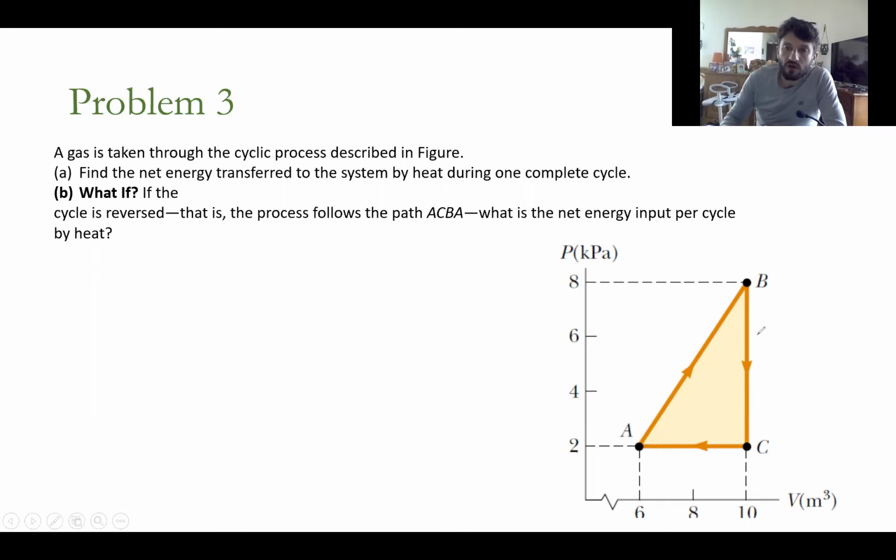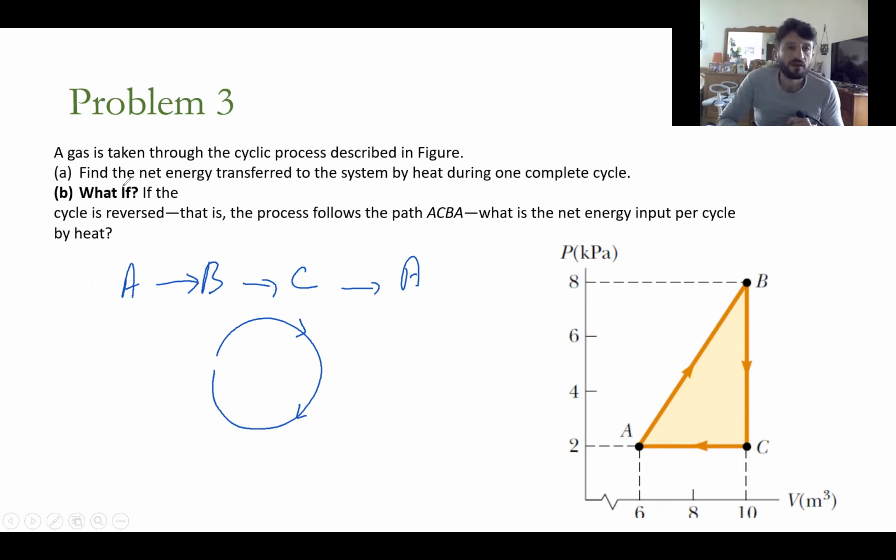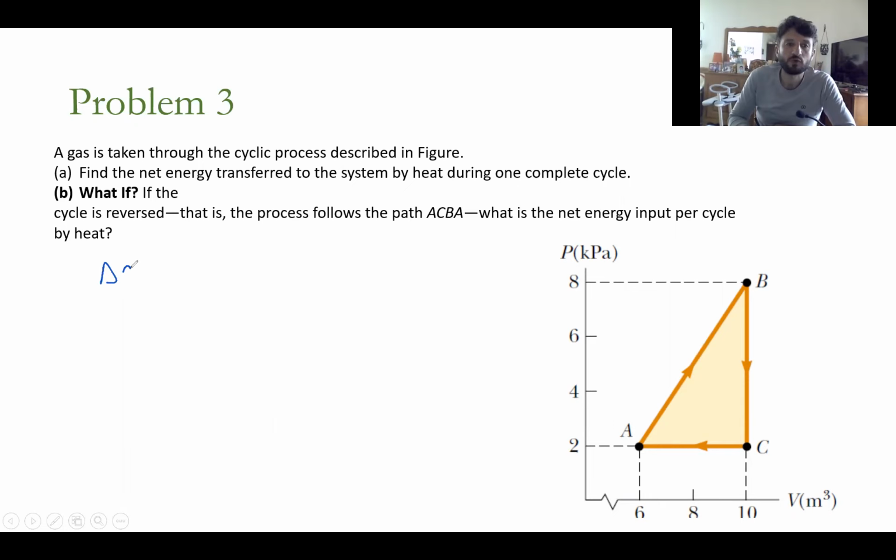We have a clockwise cycle, A, B, C. We start, we go A, B, C, A. Find the net energy transferred to the system by heat during one complete cycle. So we have to find delta Q of one cycle.